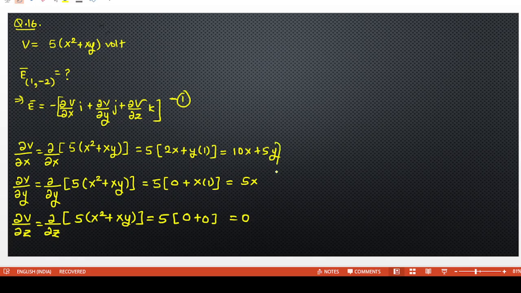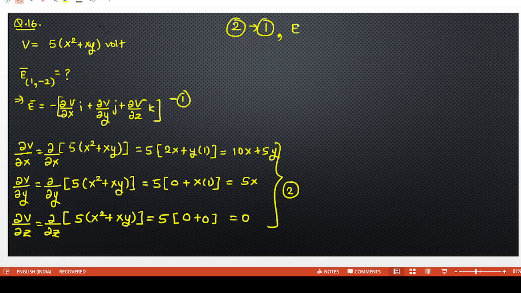You can call this set of equations as 2. Now you can use equation 2 in equation 1.